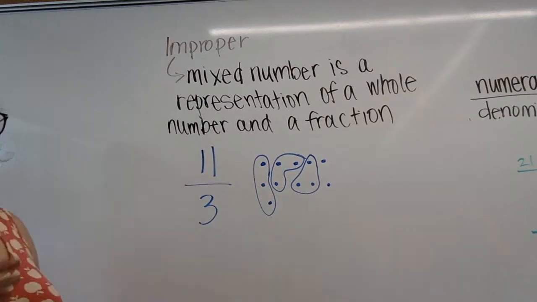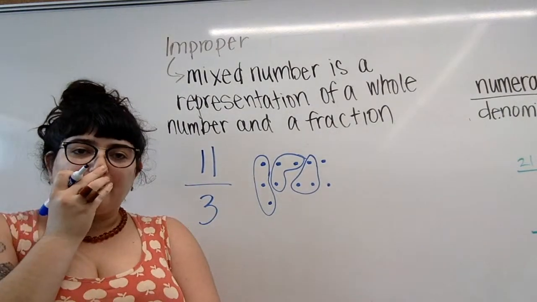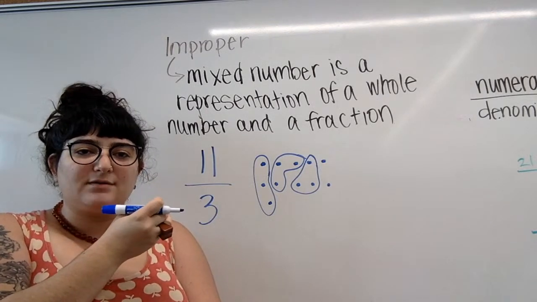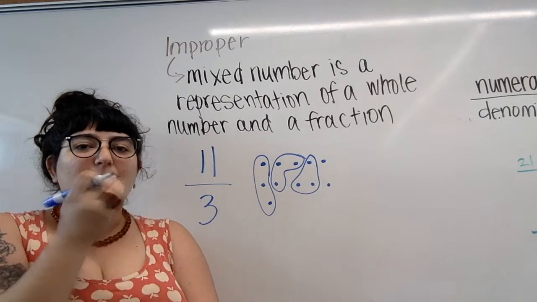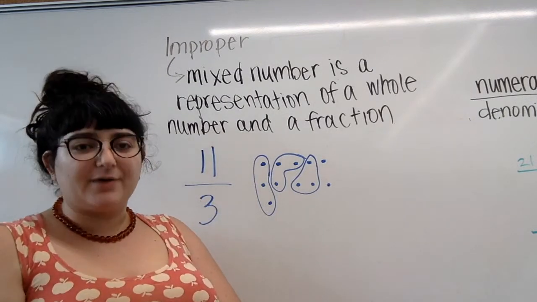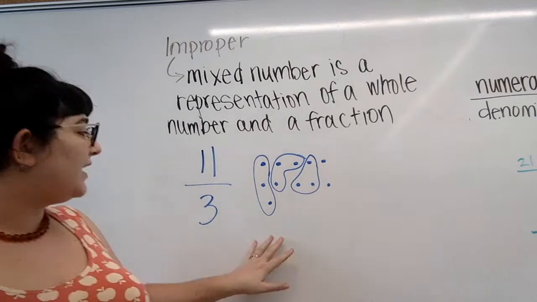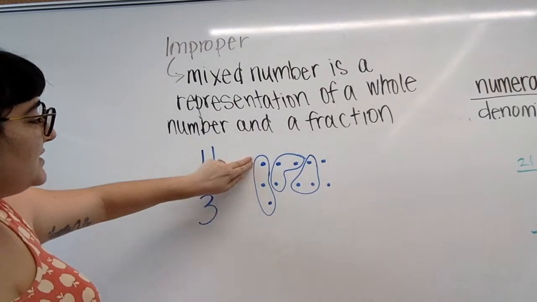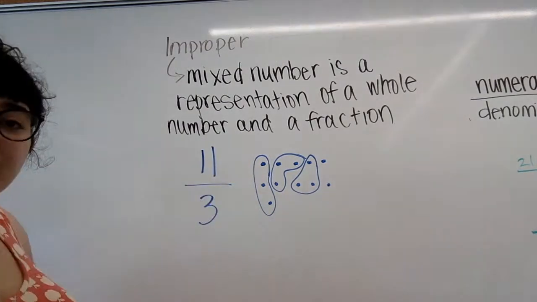Now you might be thinking, how does this show me how my improper fraction can be represented as a mixed number? In a way, these dots are 1/3.